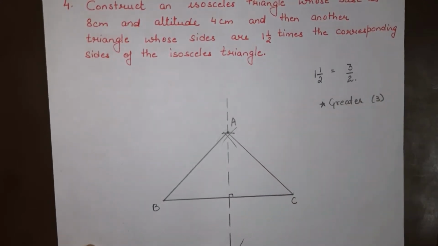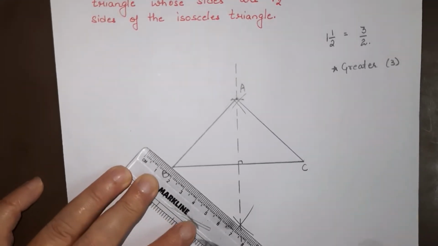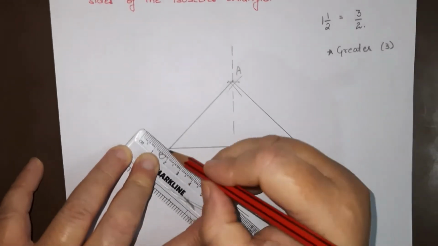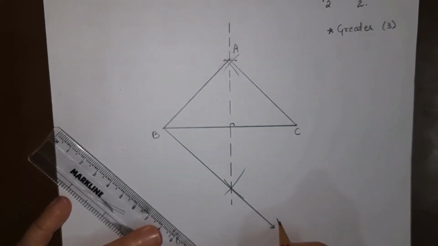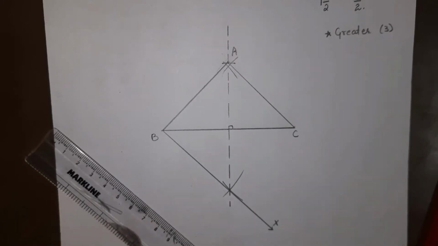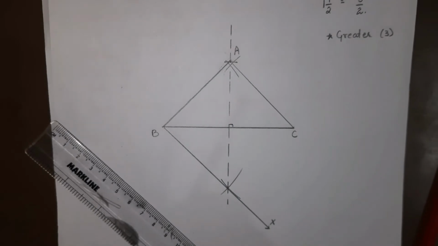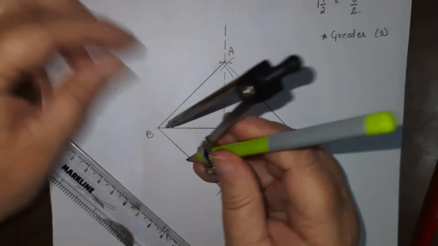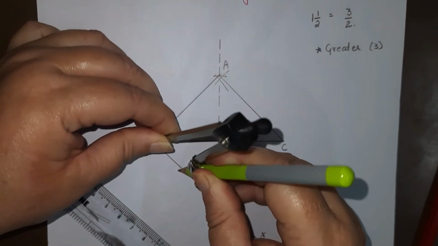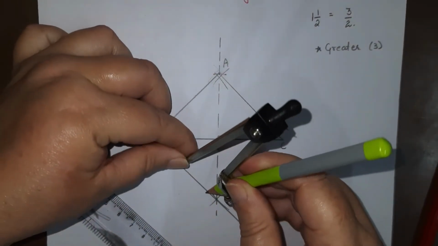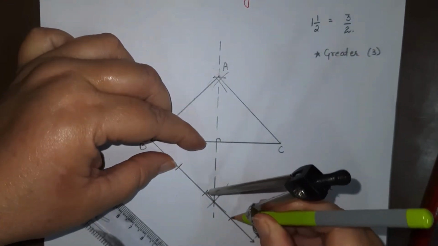So we will first draw an acute angle CBX, that is any acute angle at B, and let this ray be BX. And now here we have to take 3 points since the greater of the two numbers is 3. So we will take 3 points here. It will be like this from B point. This is the first point. This is the second point and this will be the third point.